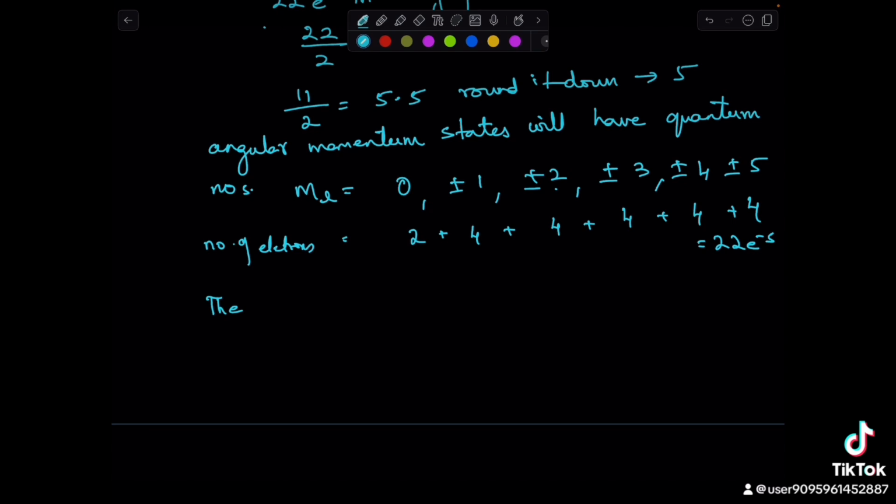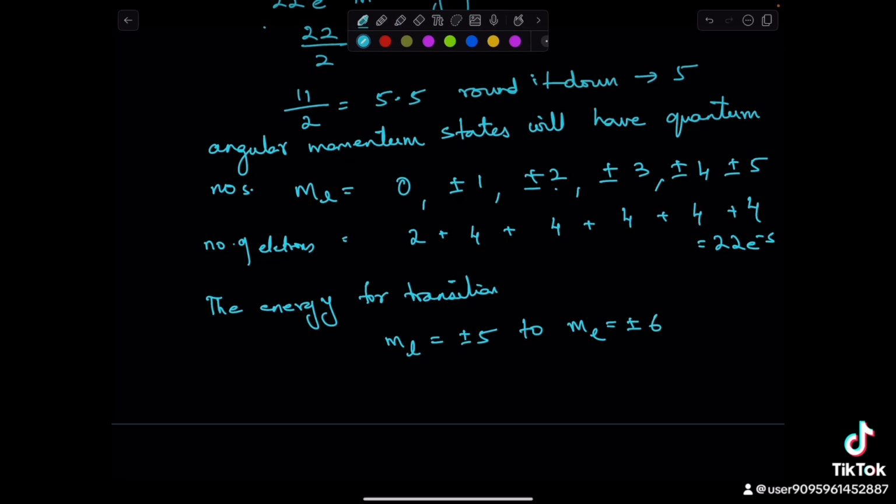The energy required for transition would be the energy required for transition between the highest occupied angular momentum state, which is m_l equal to plus or minus 5, to m_l equal to plus or minus 6, which is the lowest unoccupied state.